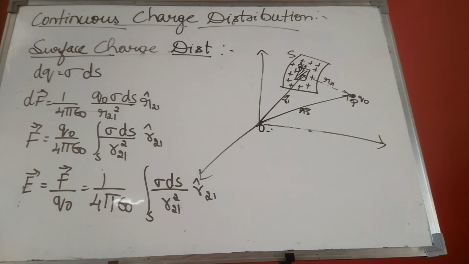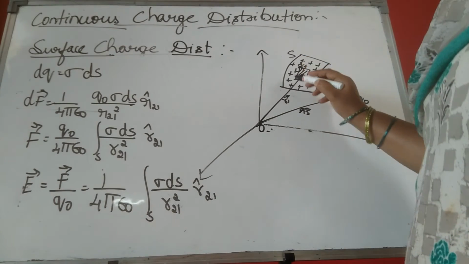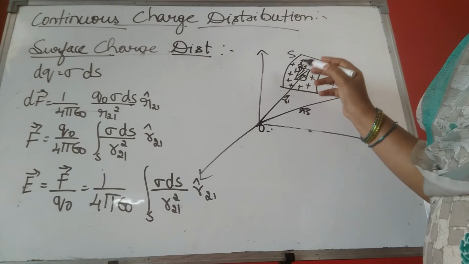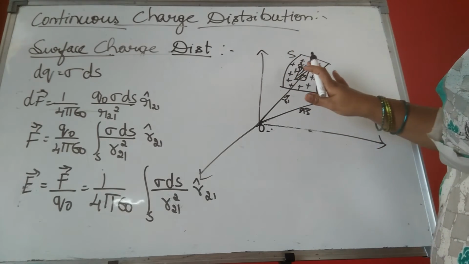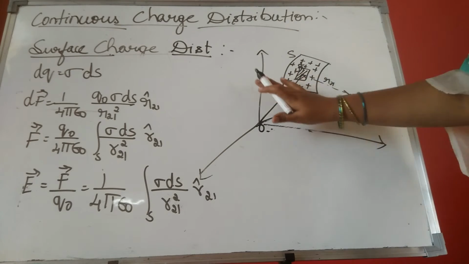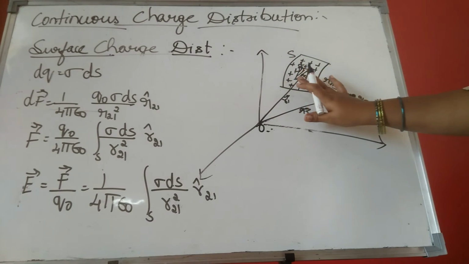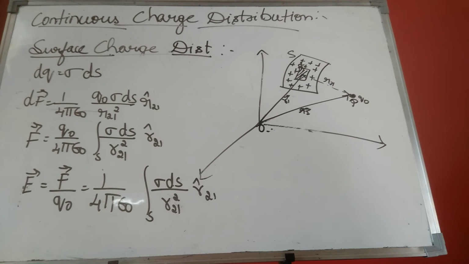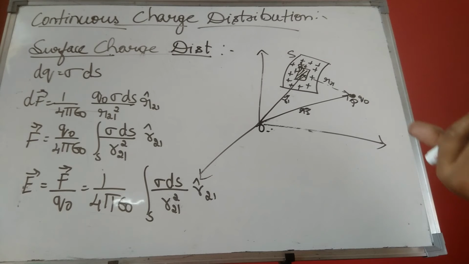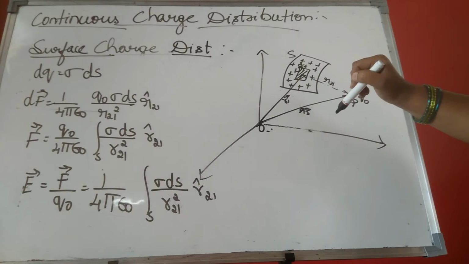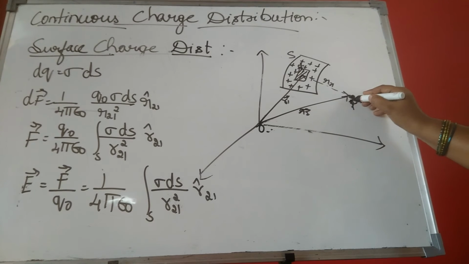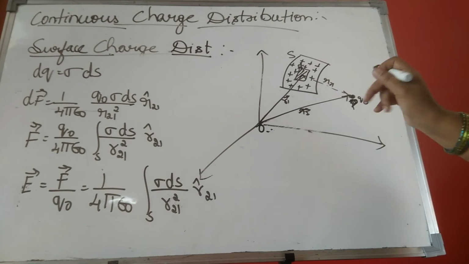Let me consider a surface of area S. The charges have been continuously distributed over the entire surface of this conductor, but my intention is to find the expression for the electric field intensity due to this surface on a test charge Q naught at a point P.